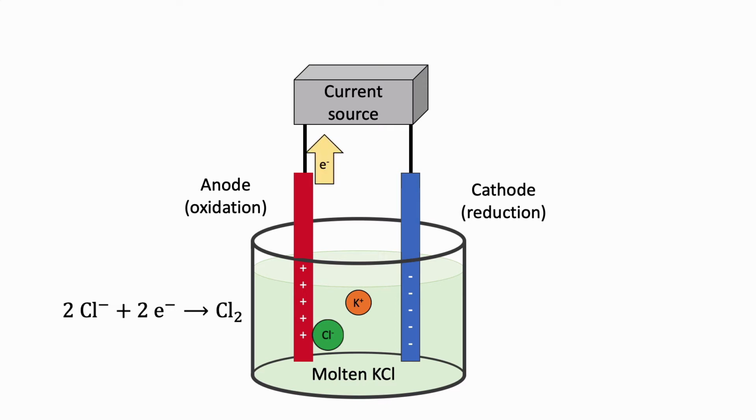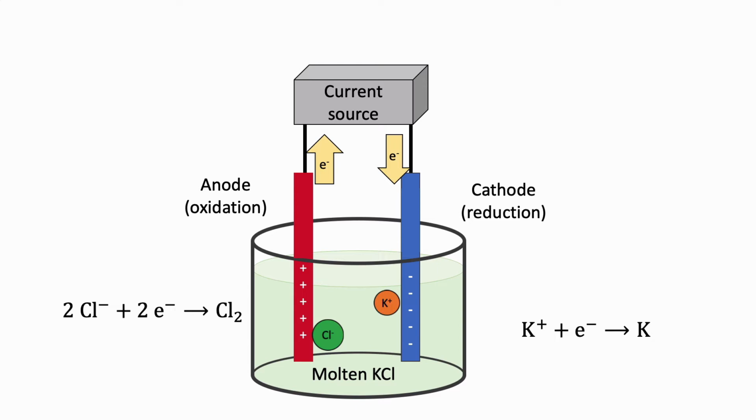And as the electrons keep traveling around, they're going to make their way to the cathode. That's how it acquires its negative charge. And that negative charge will attract the positively charged ions like the potassium. The potassium can then accept some of those electrons to form potassium metal. As I said before, all of this happens because there is a source of electric current that is pushing electrons to the negatively charged cathode.